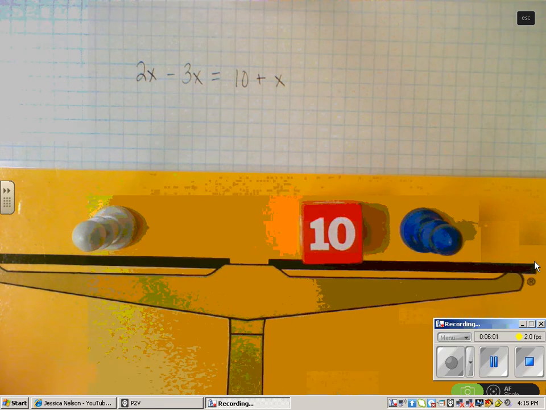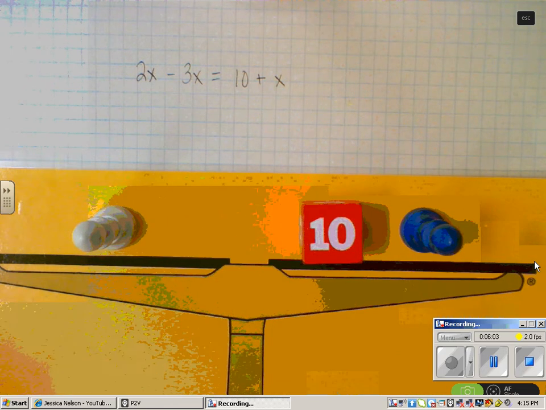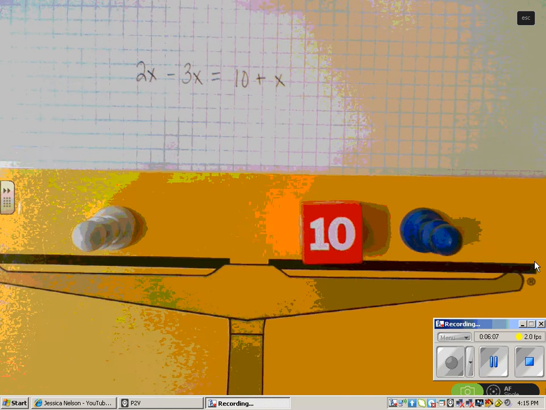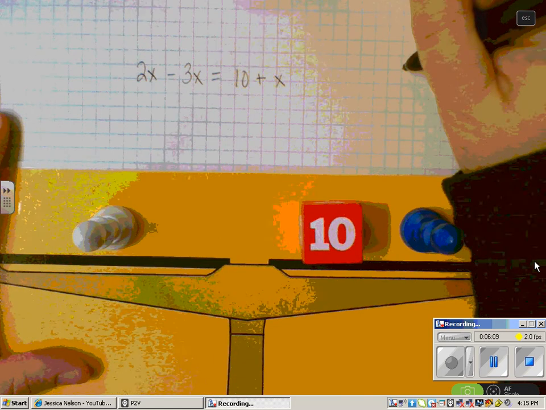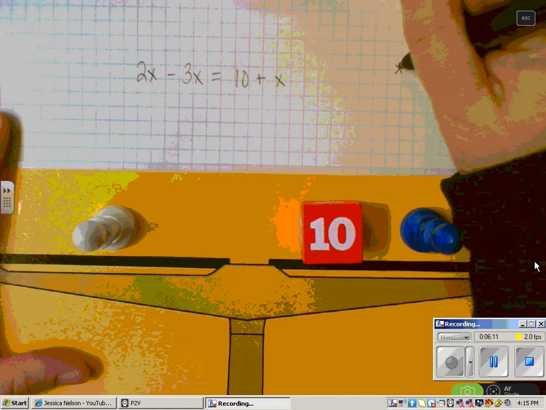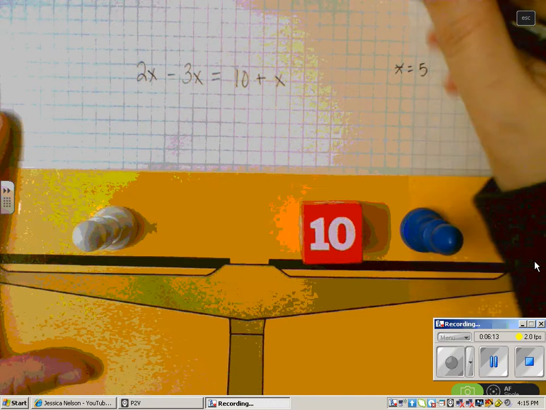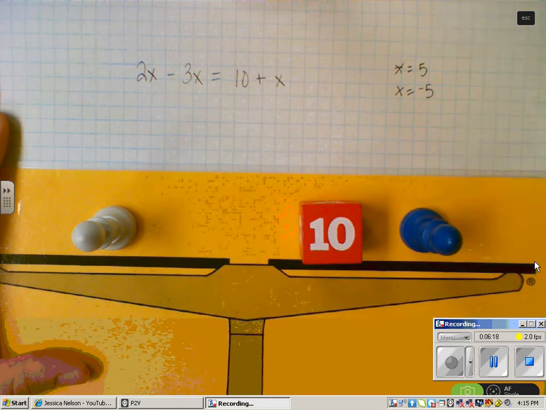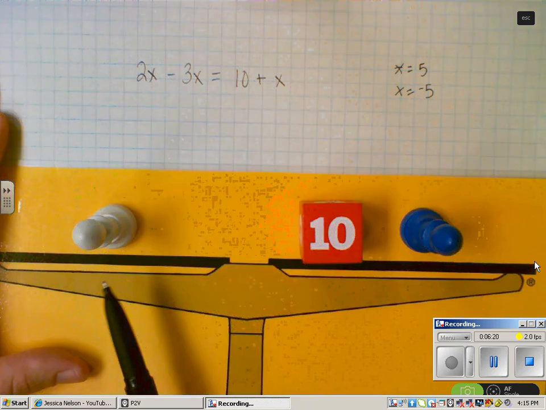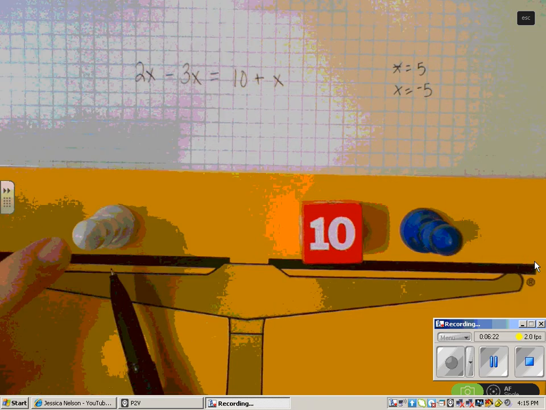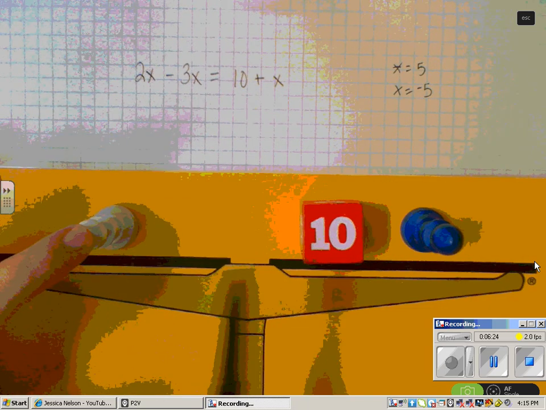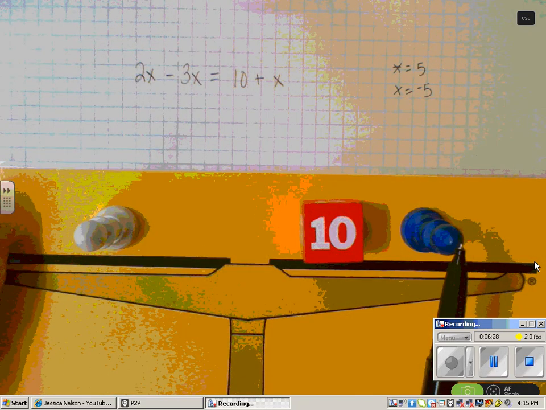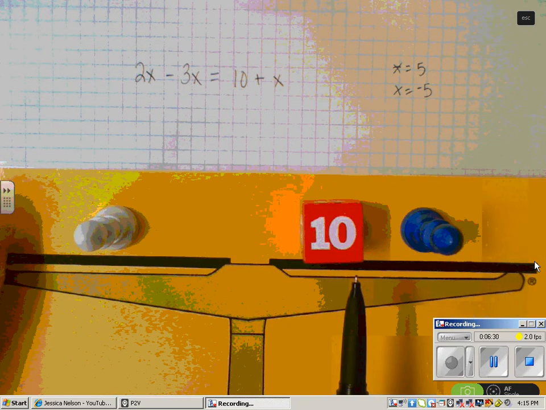And then using your legal moves, I solved and I got that star equaled 5, therefore x had to equal negative 5. And I can check that by looking at this equation of star is 5, and 10 plus a negative 5 would give me 5, and yes, 5 equals 5.